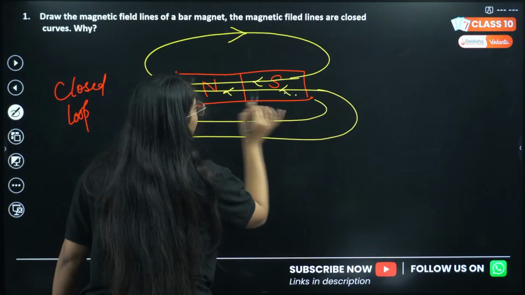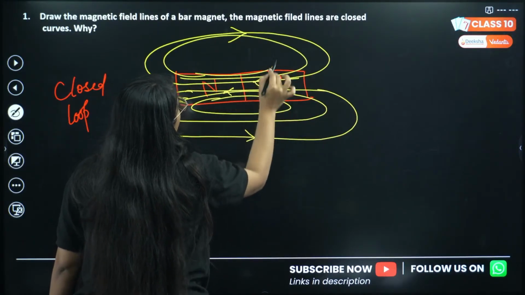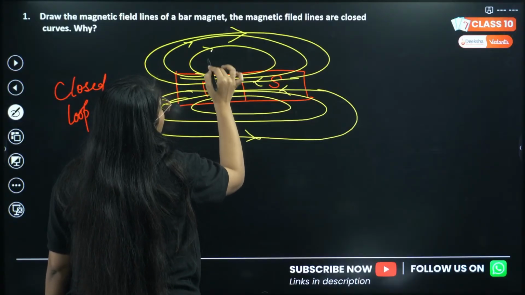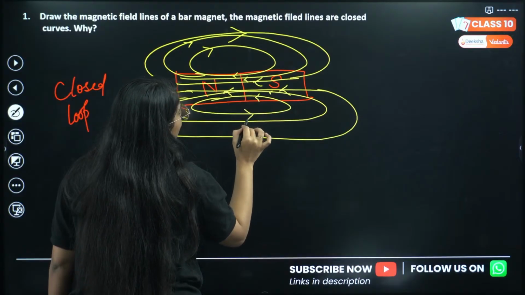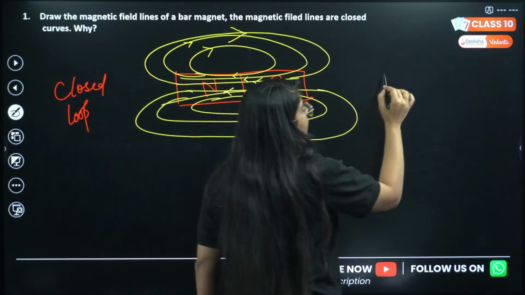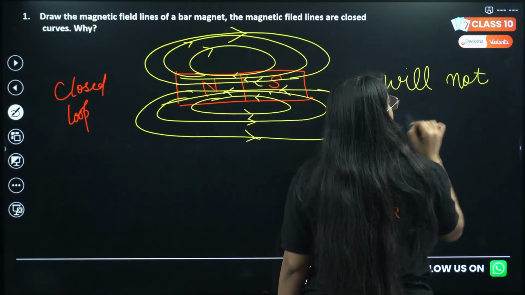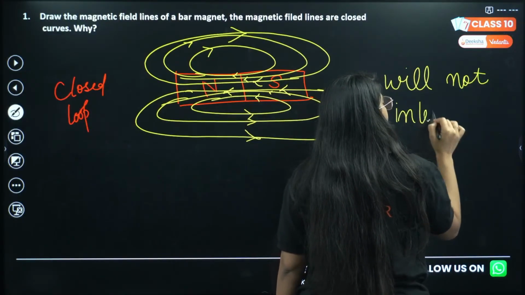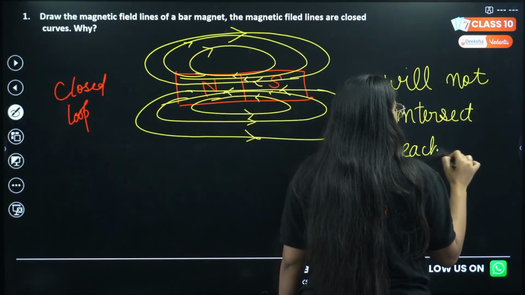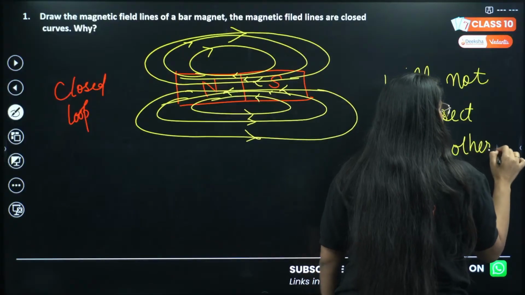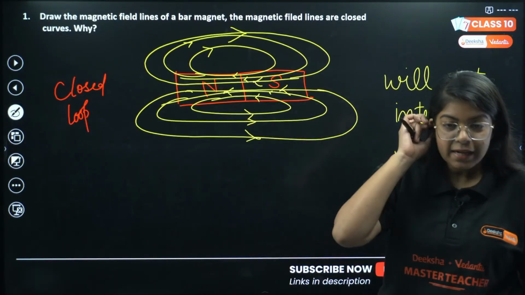There will be multiple field lines and they all will be closed, correct? They all will be forming closed loops, and they will not intersect each other. No two magnetic field lines can intersect each other, correct?